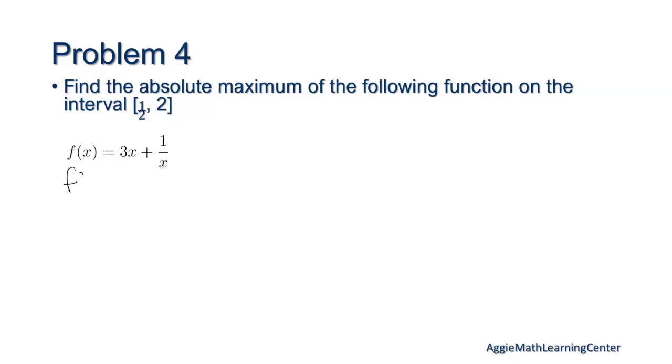So what do you guys get for the derivative? Yeah, I heard 3 minus x to the negative 2, or 3 minus 1 over x squared. That's just a power rule because f can be written as 3x plus x to the negative 1.